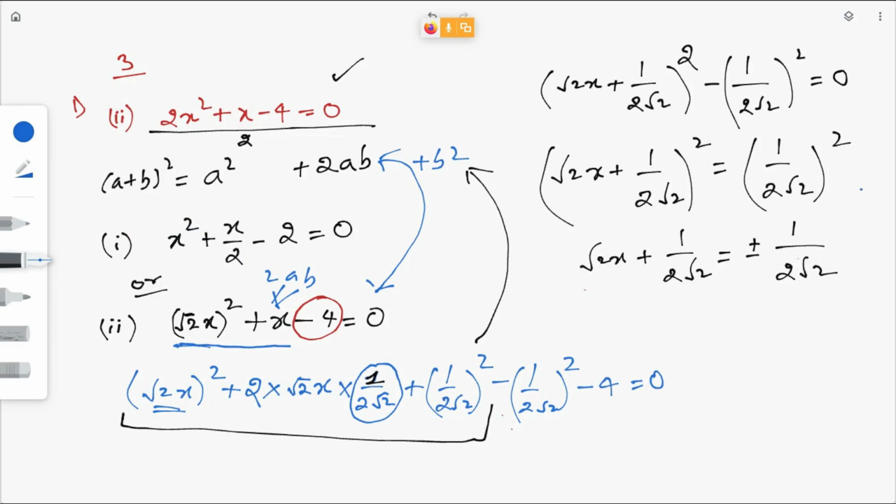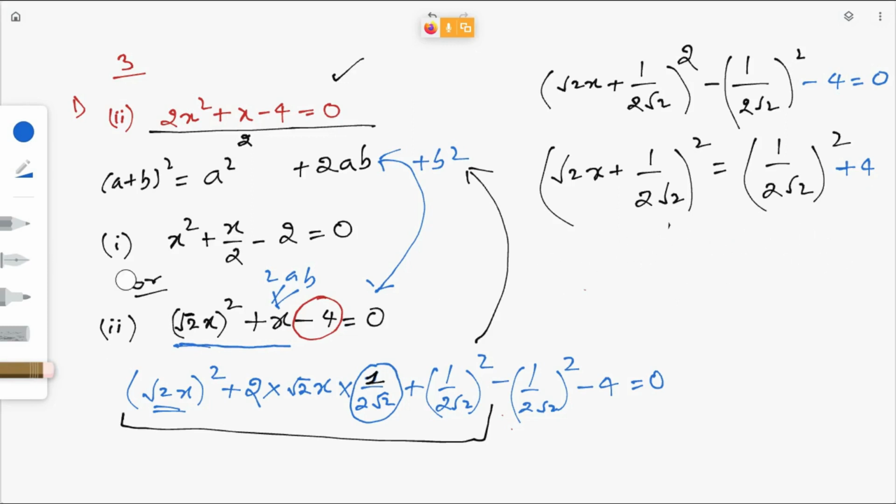Okay, so what you will get? You will get again minus 4 here. Next step, plus 4. So here keep this one as it is, root 2x plus 1 by 2 root 2 whole square. Now simplify this one.